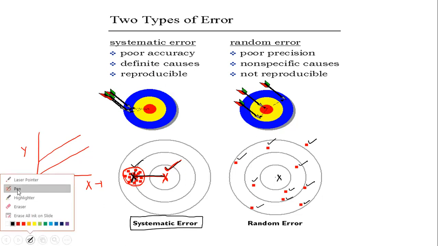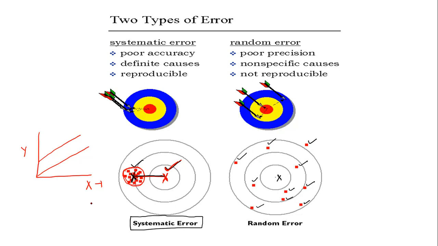And what is the actual value? I showed you. Suppose the actual value is somewhere here, and you got your average value here, this black cross. I put the average of all your readings, and the red one is actually the value. So you can see the difference between these two data points is very, very less. That means you are getting an accurate value.